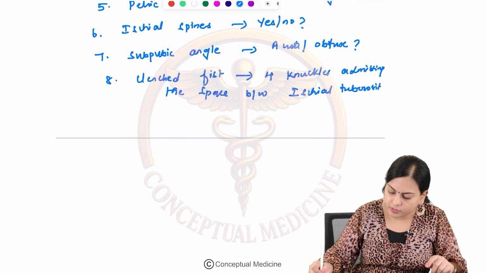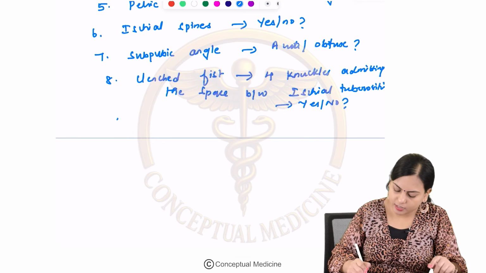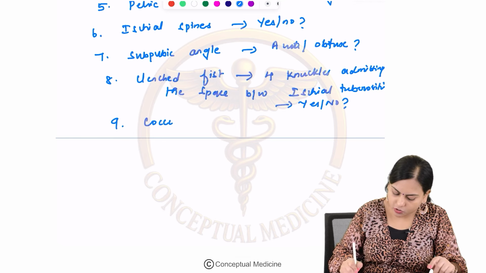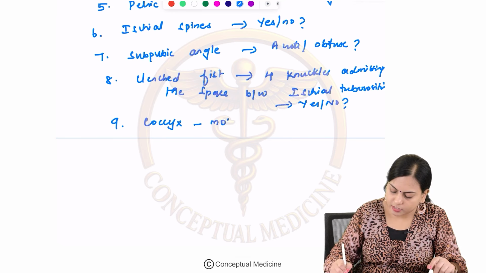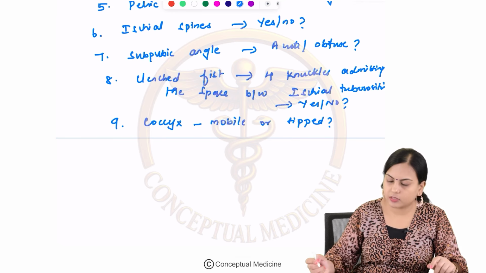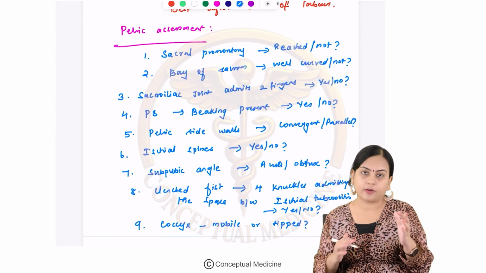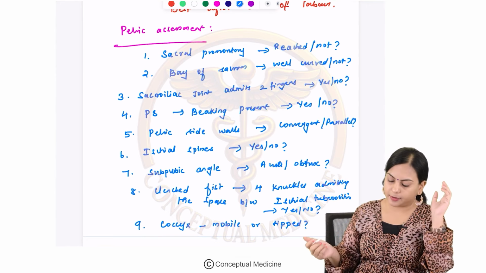For this also we give a yes or no answer. Then check the coccyx, whether it is mobile or tipped. Ideally, these are the things you have to check while doing a pervaginal examination.